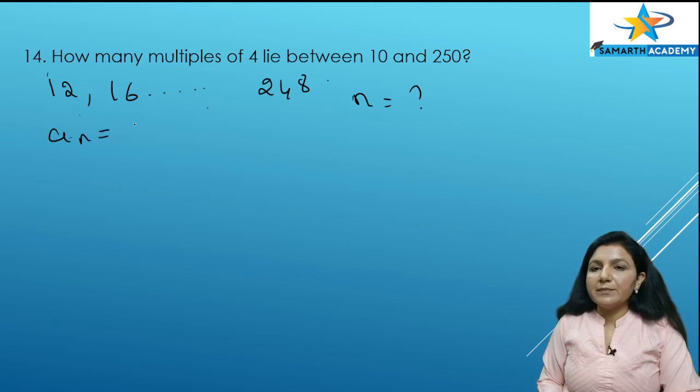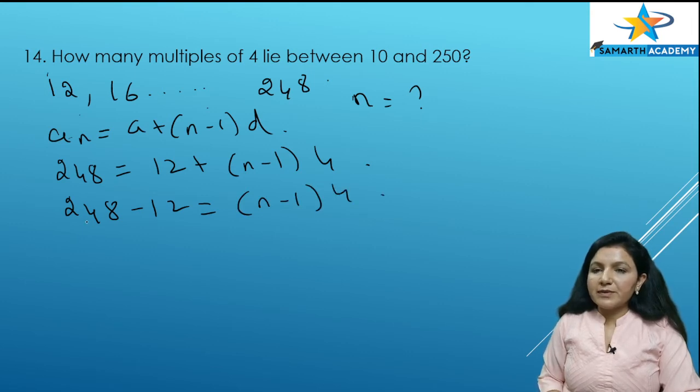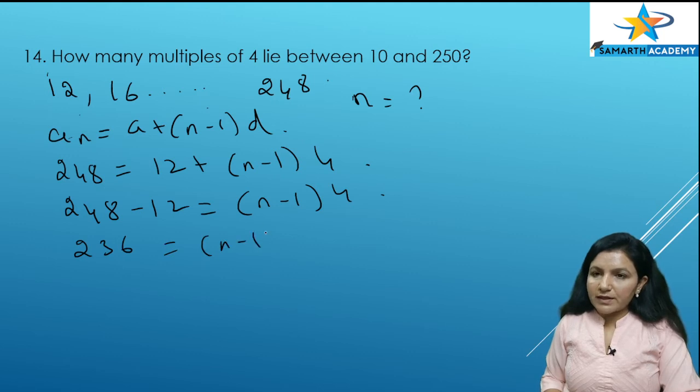An is equal to A plus n minus 1 into D. 248 equal to 12 plus n minus 1 into 4. 248 minus 12 is equal to n minus 1 into 4. This becomes 236 is equal to n minus 1 into 4.